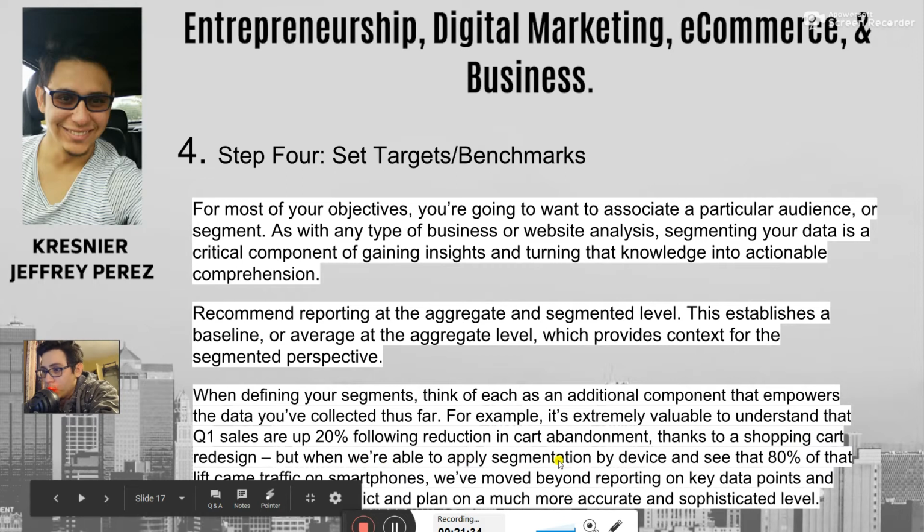We are able to apply segmentation by device and see that 80% of that lift came from smartphones. So this is saying that after you redesign, you saw less cart abandonment on smartphones. We've moved beyond reporting on key data points and can now attribute and predict and plan on a much more accurate and sophisticated level.